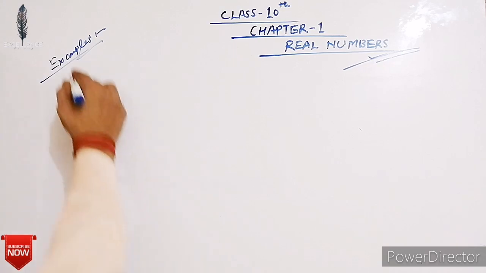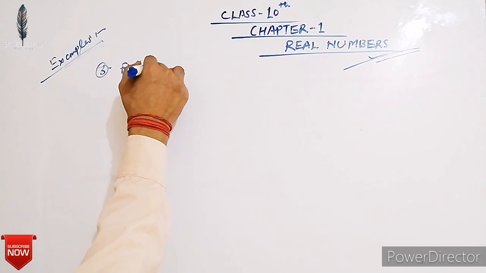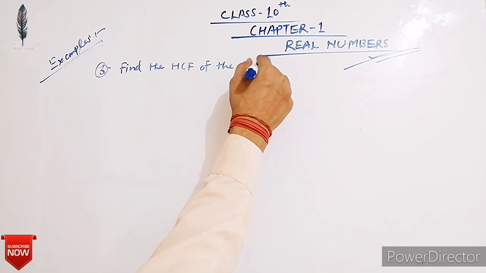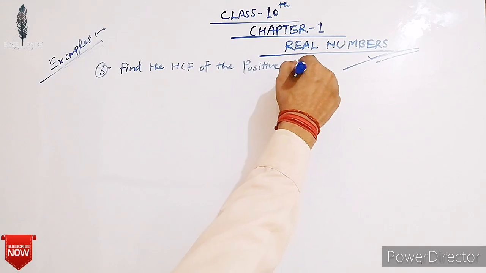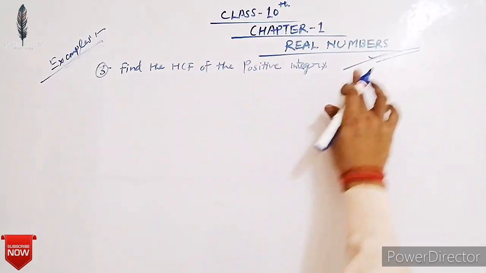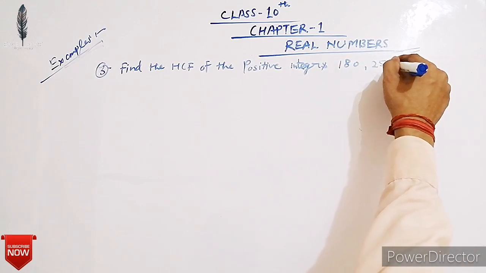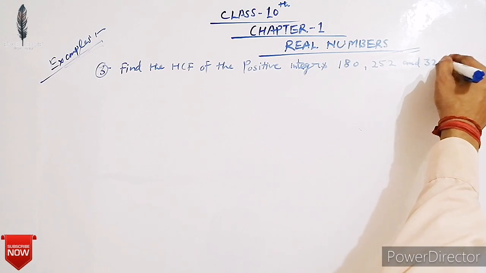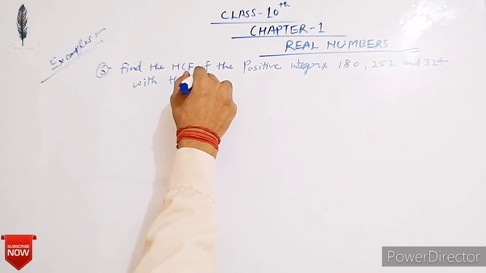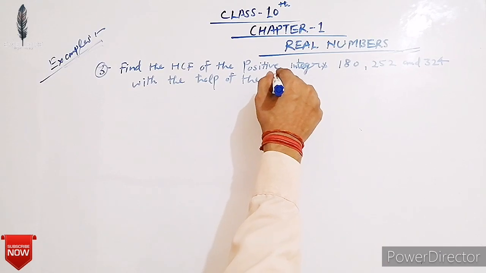Now here we discuss the last example to clear this concept. So here, find the HCF of the positive integers 180, 252 and 324 with the help of Euclid's division algorithm.